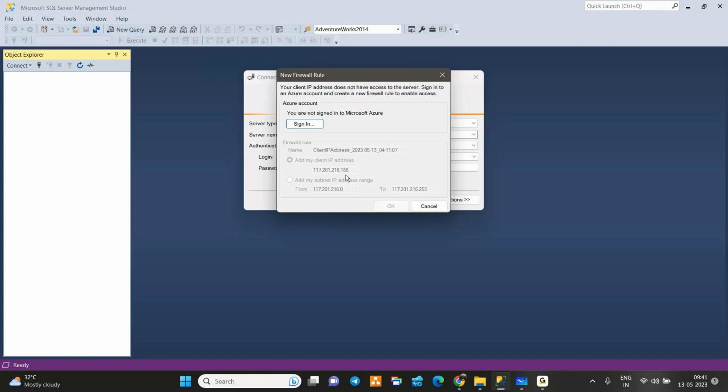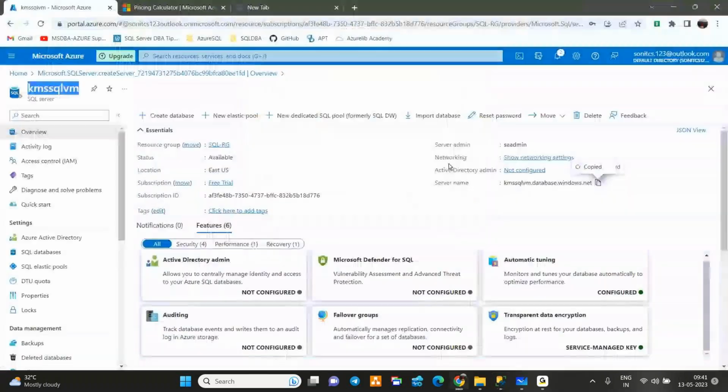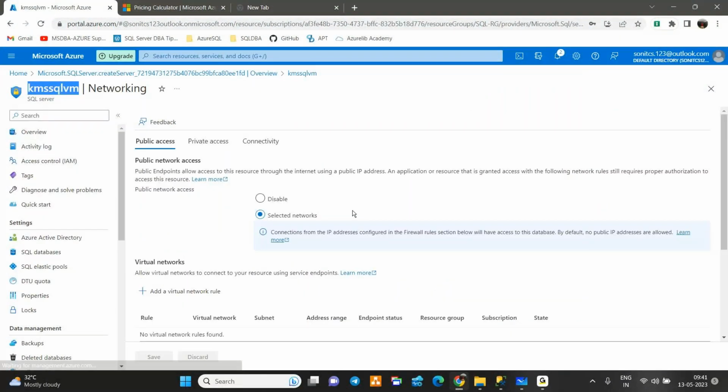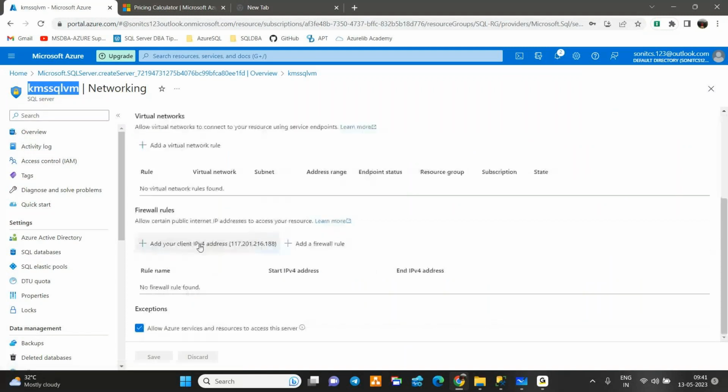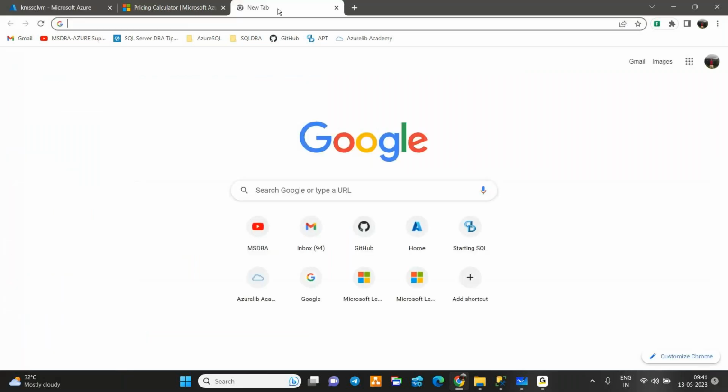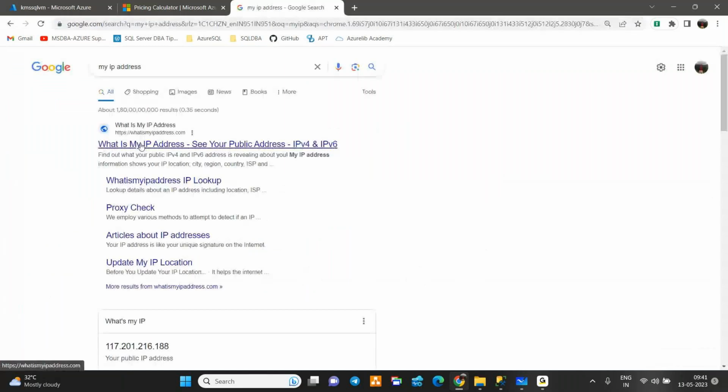So what you need to do is go to the networking of the logical server and add your client IP address. As of now I'm adding my current IP address. So if I search for my IP address, what is my IP address?